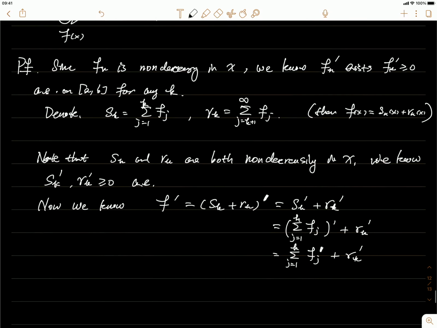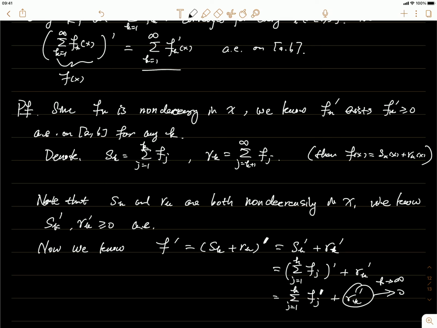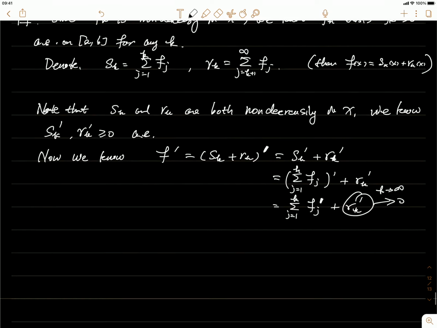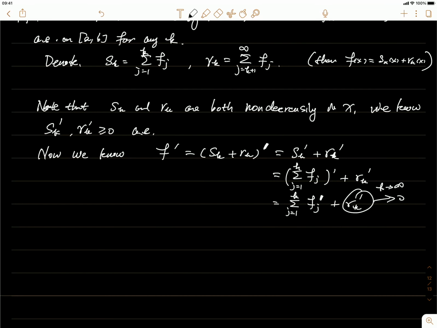The only thing we need to show is that r_k prime goes to 0 as k goes to infinity, because the first term will be the right-hand side we need. So I need to show that the r_k prime is going to 0 almost everywhere.